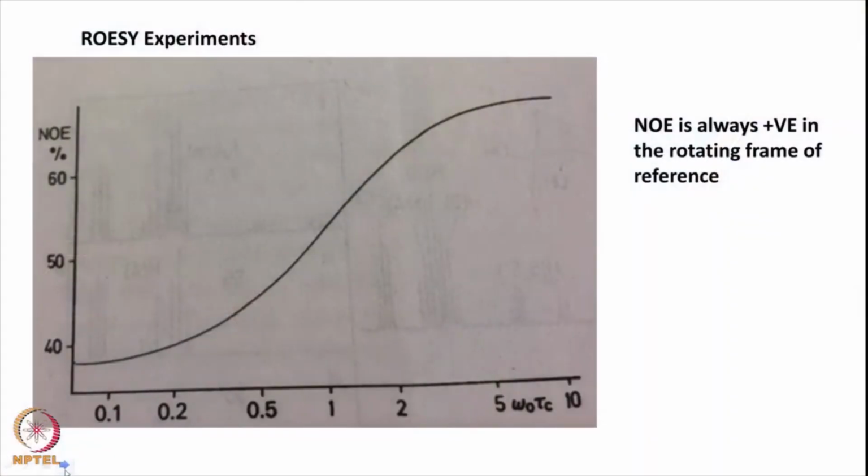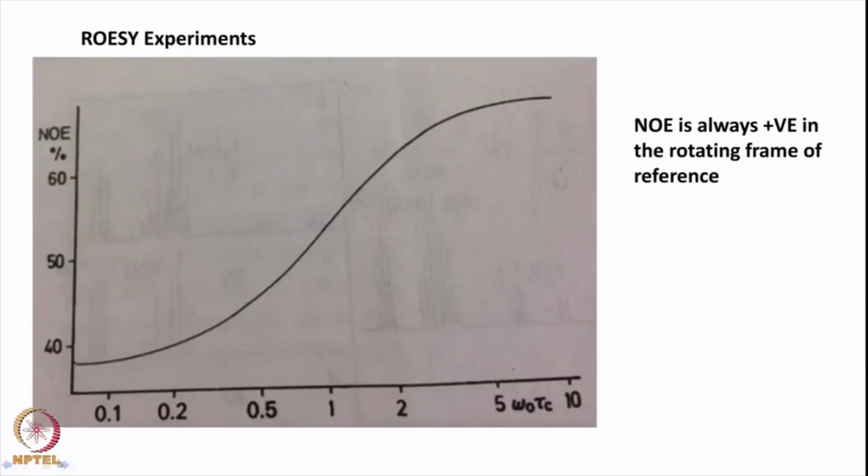We had discussed this earlier that generally for a large molecule we have a negative NOE, but there is one good part of the rotating frame of reference. Here NOE is always positive, and that can be used to do a NOE based experiment. So, in the rotating frame these experiments are called ROESY, rotating frame Overhauser effect spectroscopy.